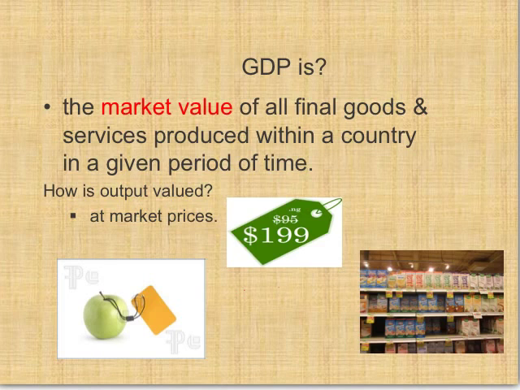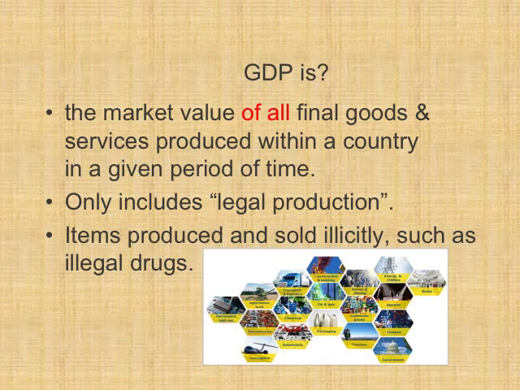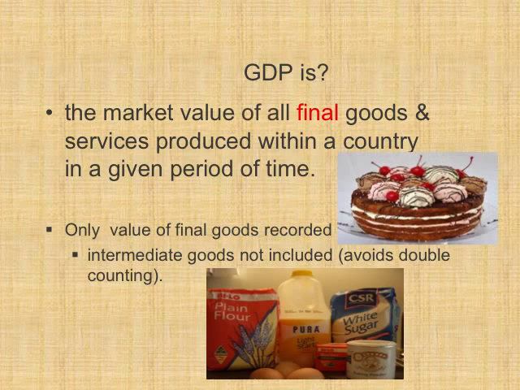Things that don't have market value are excluded, like doing housework for yourself. GDP includes all items that are produced in the economy and sold legally in the market.